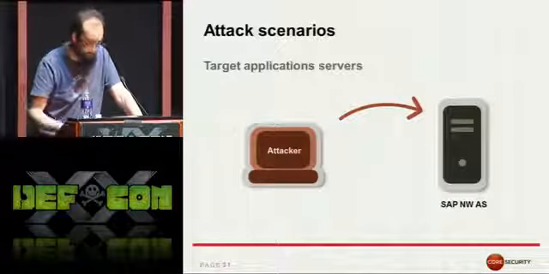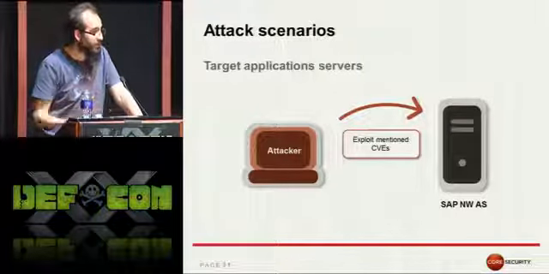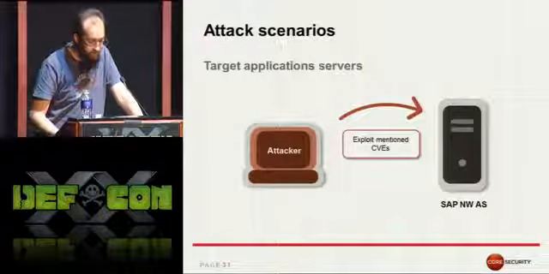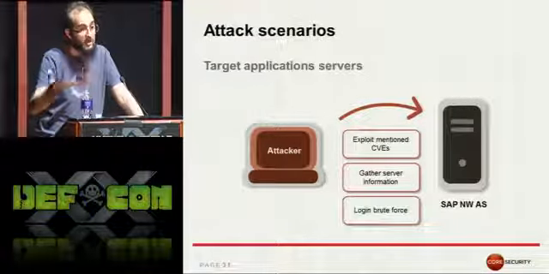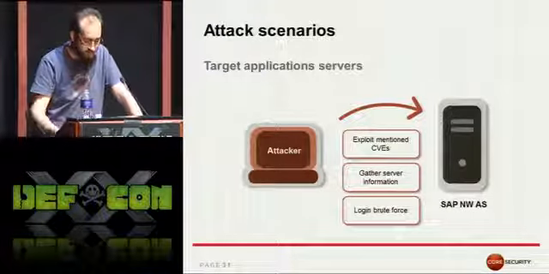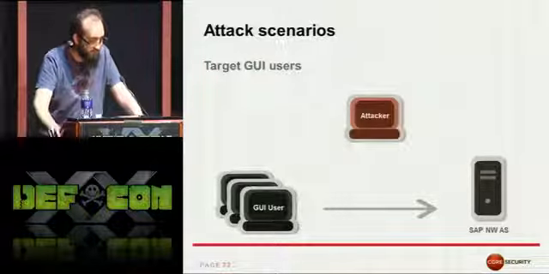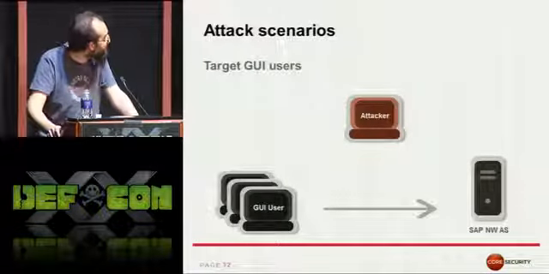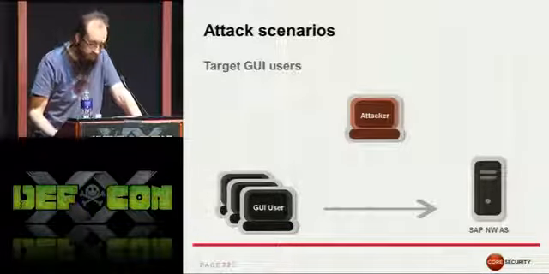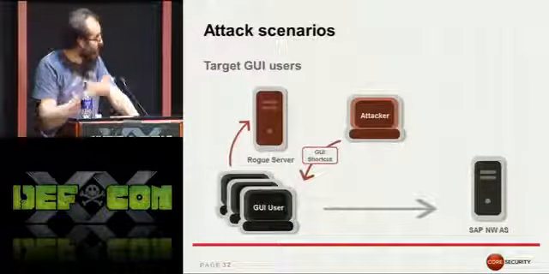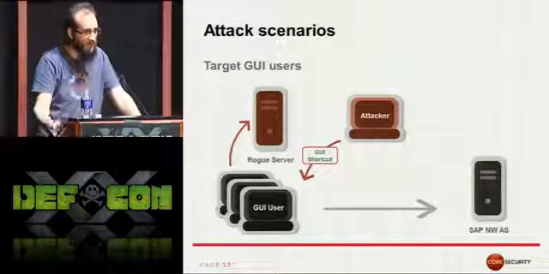For example, to gather information about the servers, to exploit the recently mentioned issues, or to perform a login brute force, or to test for additional vulnerabilities, etc. Another attack scenario that I think is interesting is to target the GUI users. So, for example, you can use all this knowledge and all these tools to perform a kind of client-side attack.